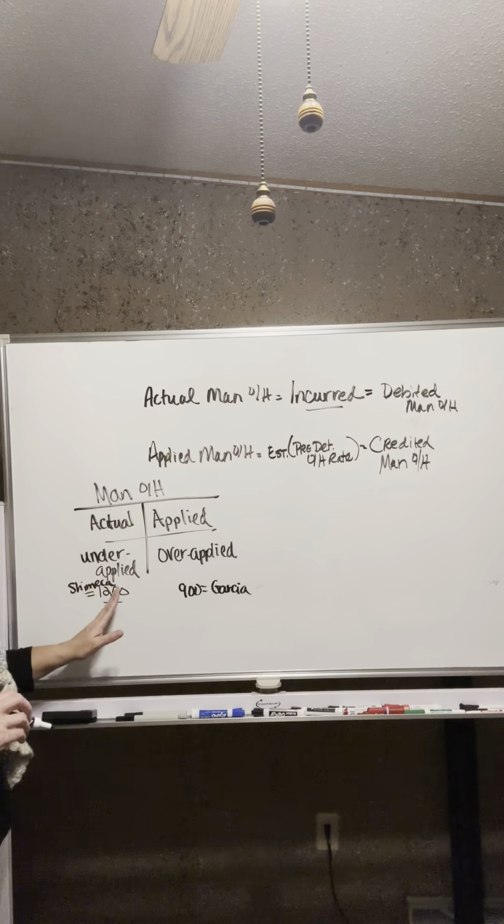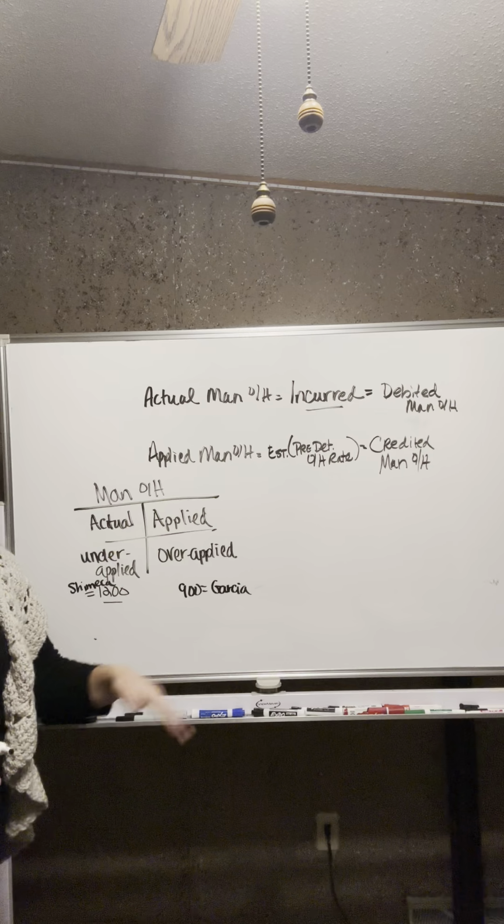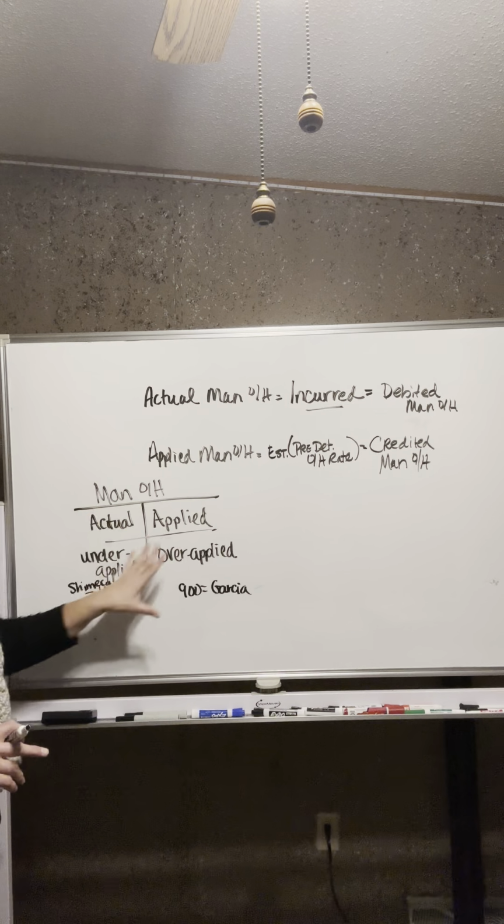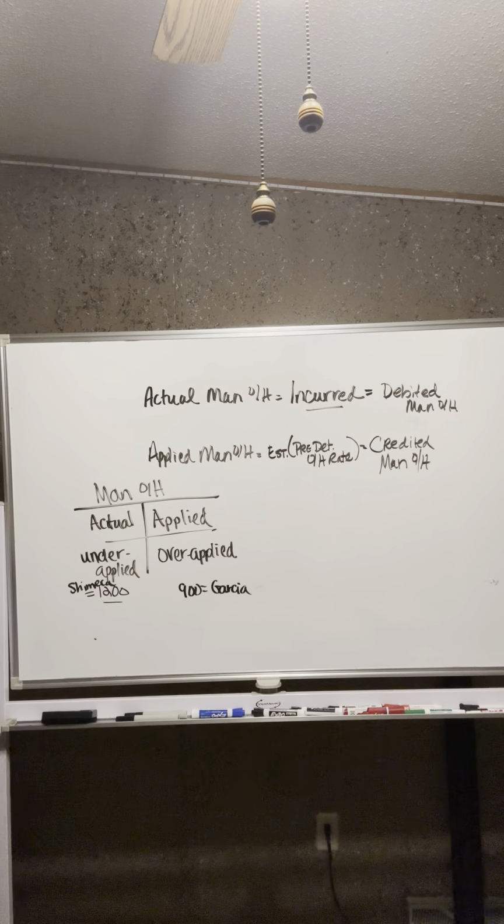We got rid of it by crediting manufacturing overhead and debiting cost of goods sold. Garcia, though, has a credit balance in manufacturing overhead, so I would have to debit manufacturing overhead and credit cost of goods sold. So again, you're looking at this account and then using cost of goods sold as the other side, making your debits and credits equal.